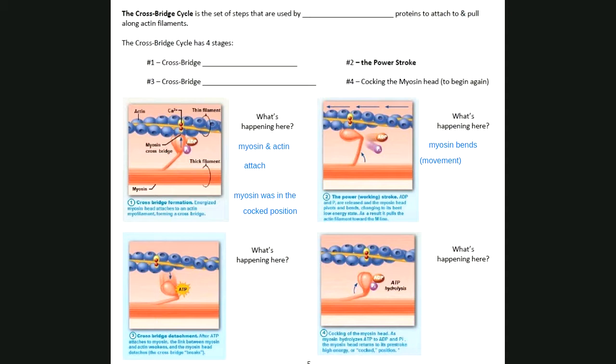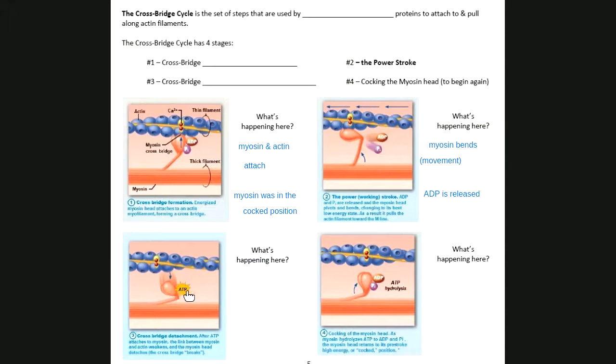When I release that ADP, that's going to cause my actin to move, where this is the movement stage. When I get to this point, though, when myosin has bent over and it's pulled actin with it, now it's kind of stuck. What happens next is a molecule of ATP comes along and attaches in the same place that we used to be attached to ADP. ATP comes and attaches to myosin.